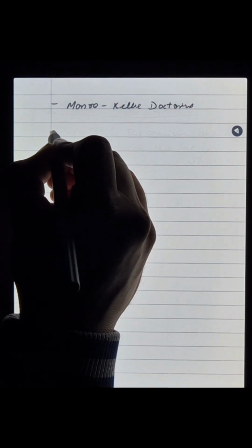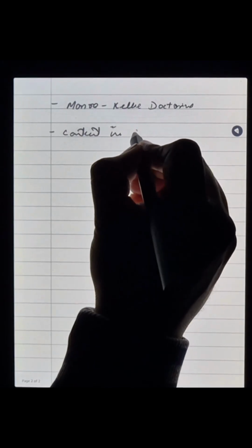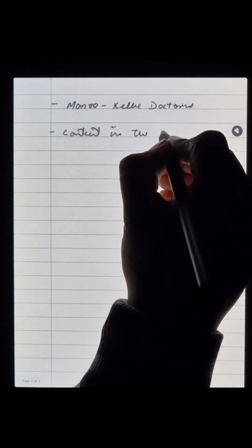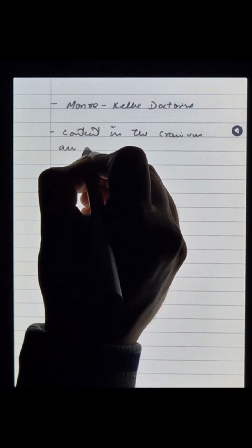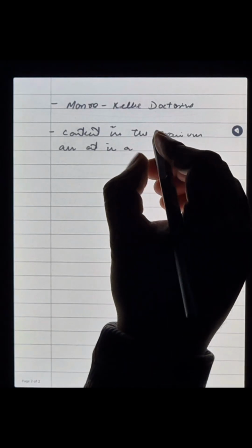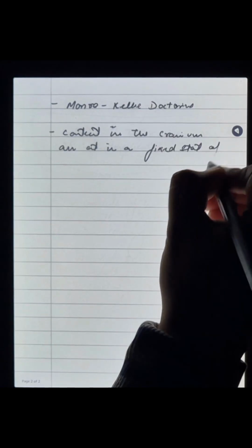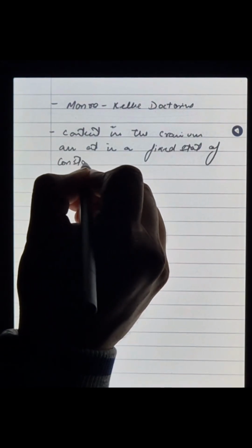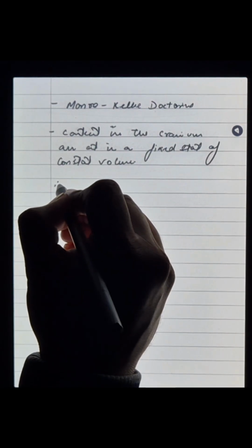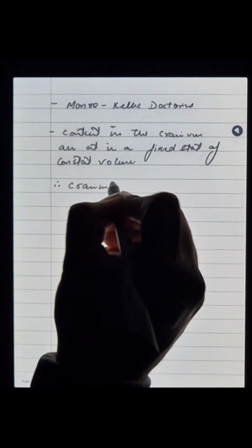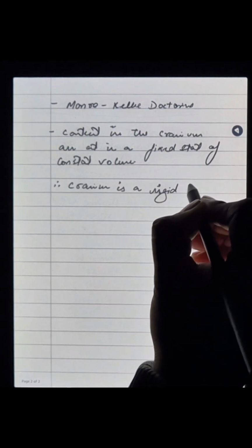It states that the contents in the cranium are in a fixed state of constant volume. As we all know, the cranium is a rigid vault.